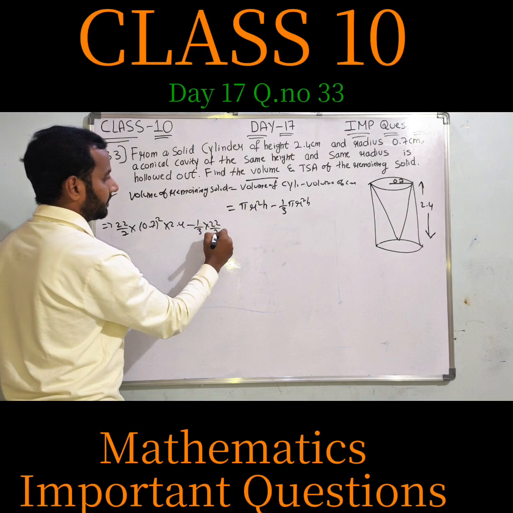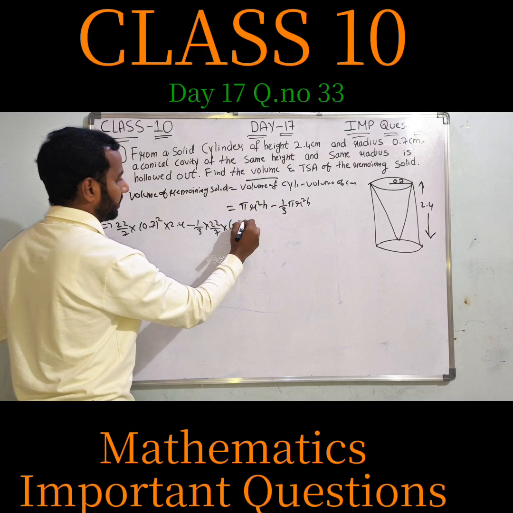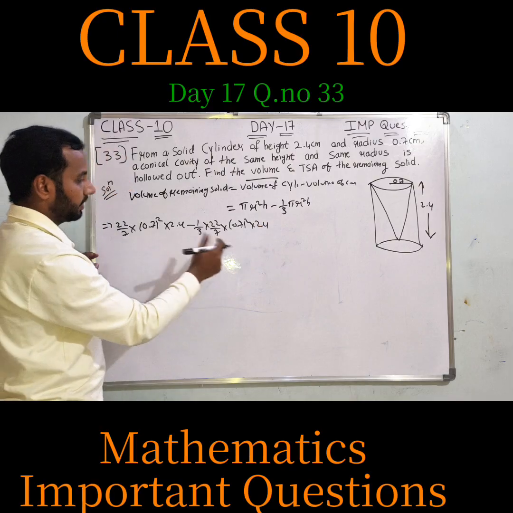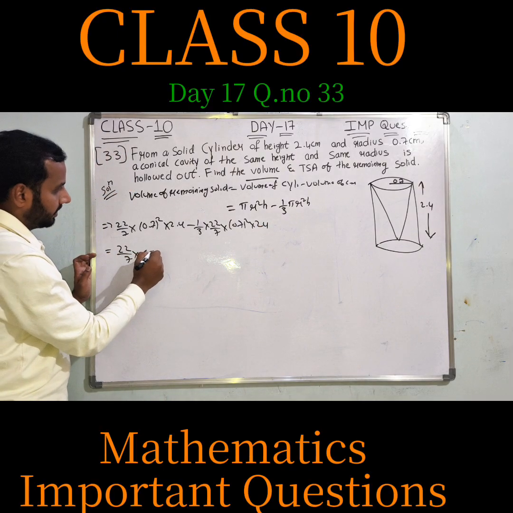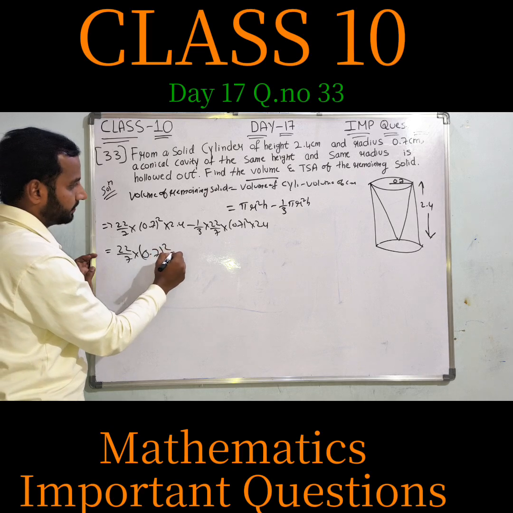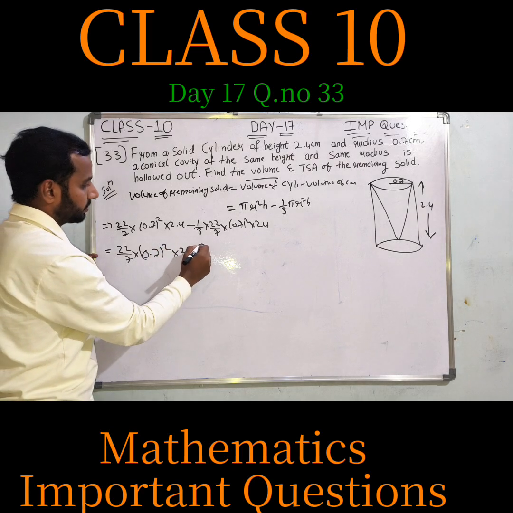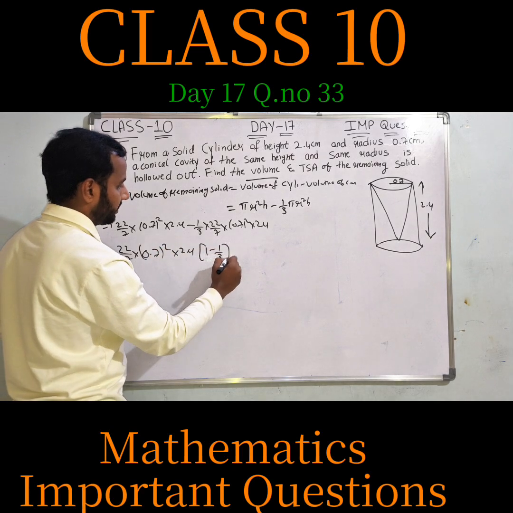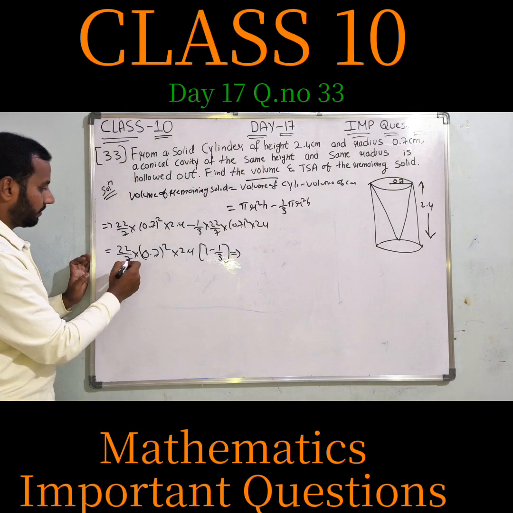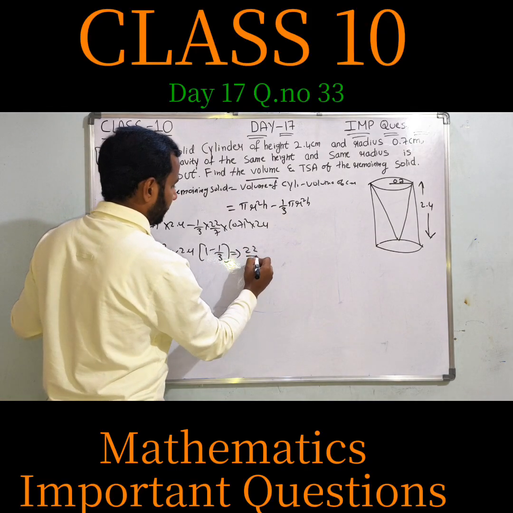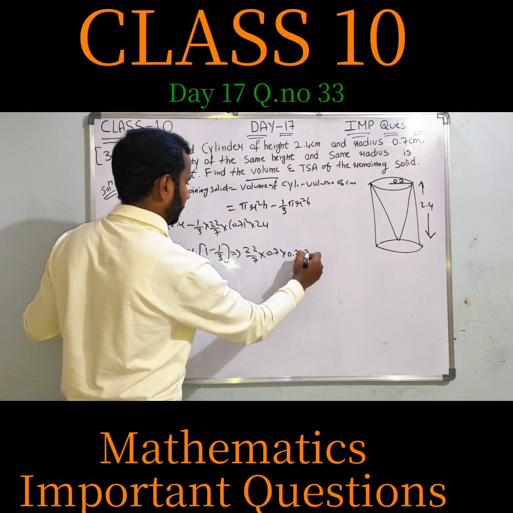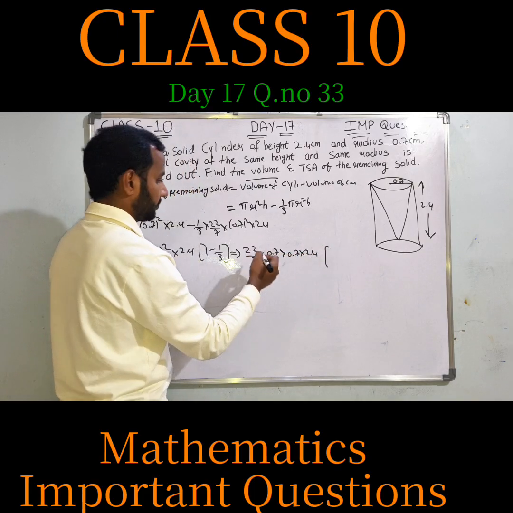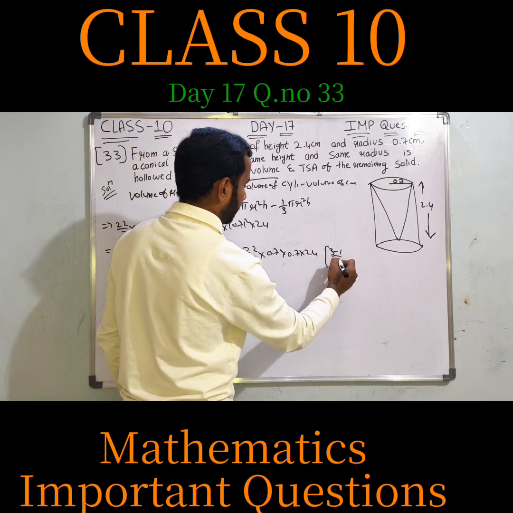Pi value 22 by 7, radius is 0.7 whole square, height is again 2.4. In both the terms, what is common? 22 by 7 is common and 0.7 whole square is common. Right, 2.4 is also common. Left with 1 minus 1 by 3, which implies 22 by 7 into 0.7 into 0.7 into 2.4. 1 minus 1 by 3 is 3 minus 1 by 3.